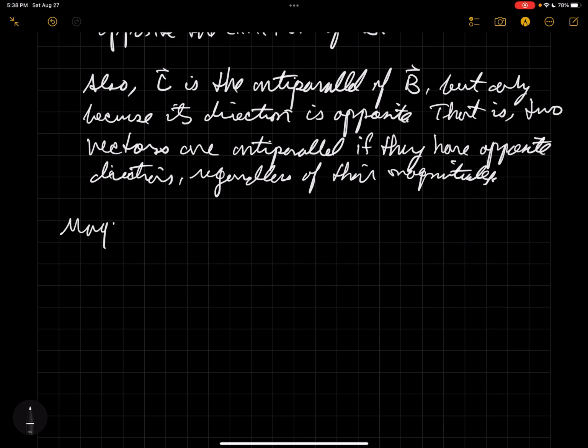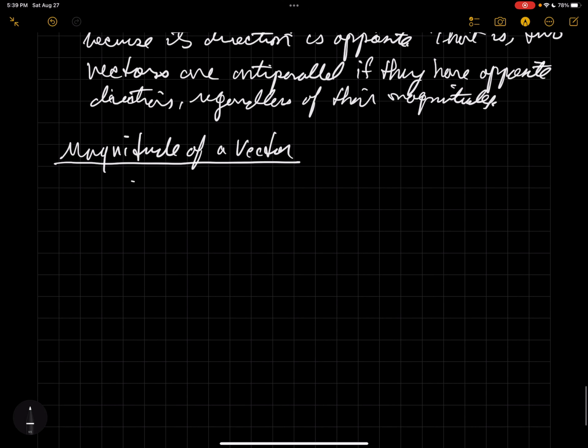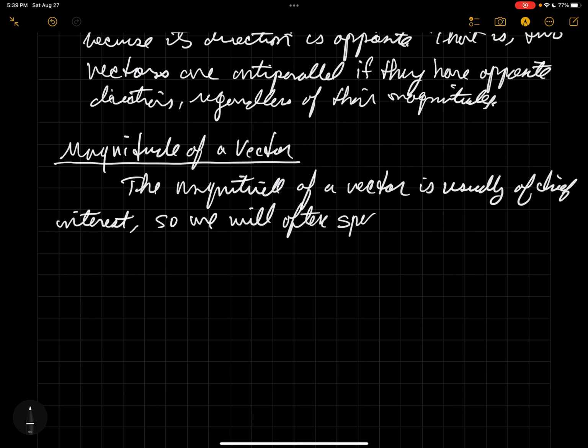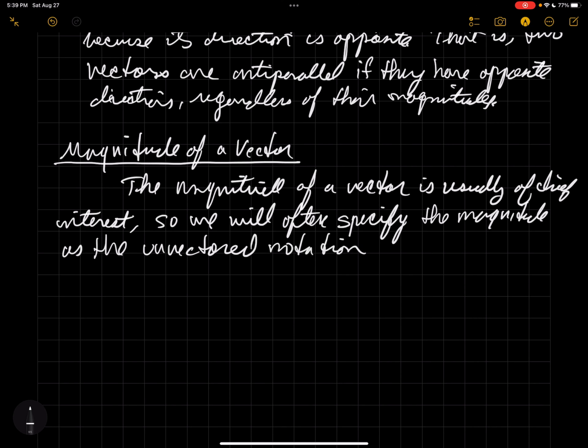The magnitude of a vector is usually of chief interest, so we will often specify the magnitude as the unvectored notation of the quantity.